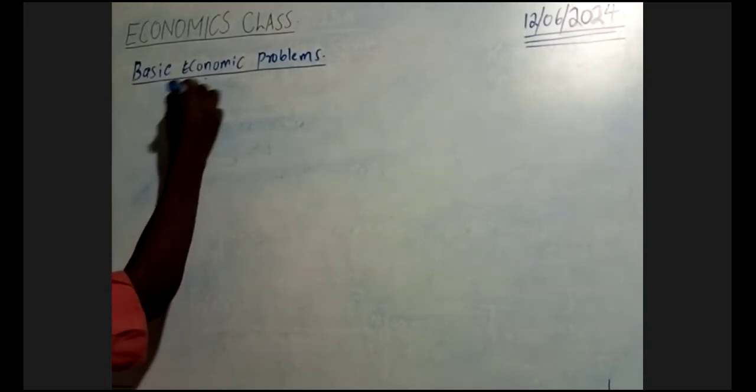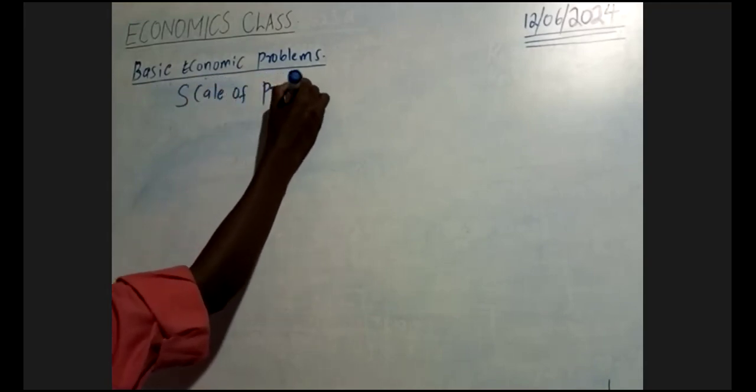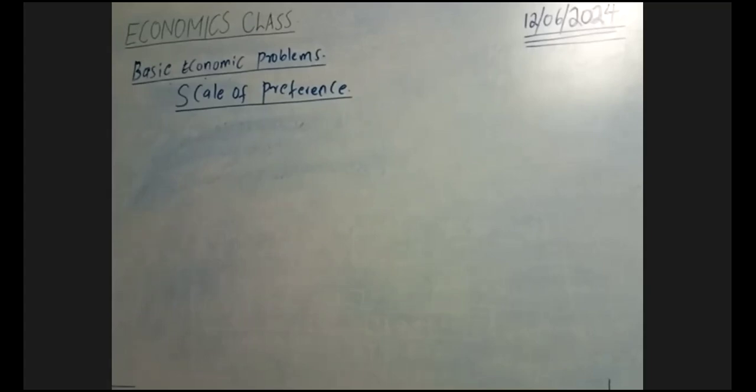So scale of preference. When we talk about scale of preference, we're talking about a list. So the list of items or wants. When we have various wants, we can categorize them as scale of preference. Those are wants that a person desires.